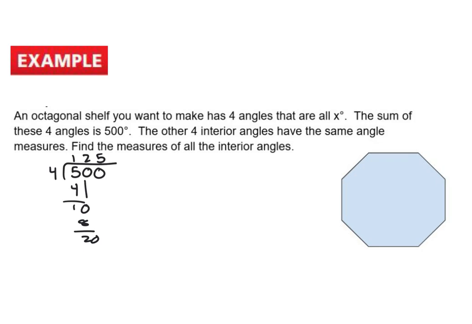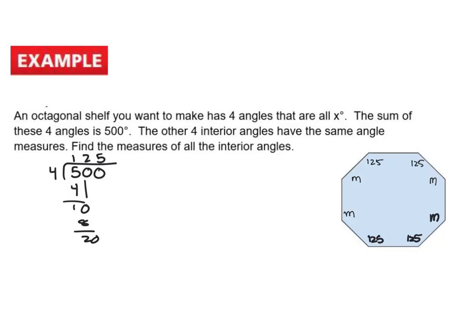So let's just label those. 125, 125, 125, and 125. Okay? The other 4 interior angles all have the same measure. So let's say that's M, M, M, and M. Find the measure of all the interior angles.